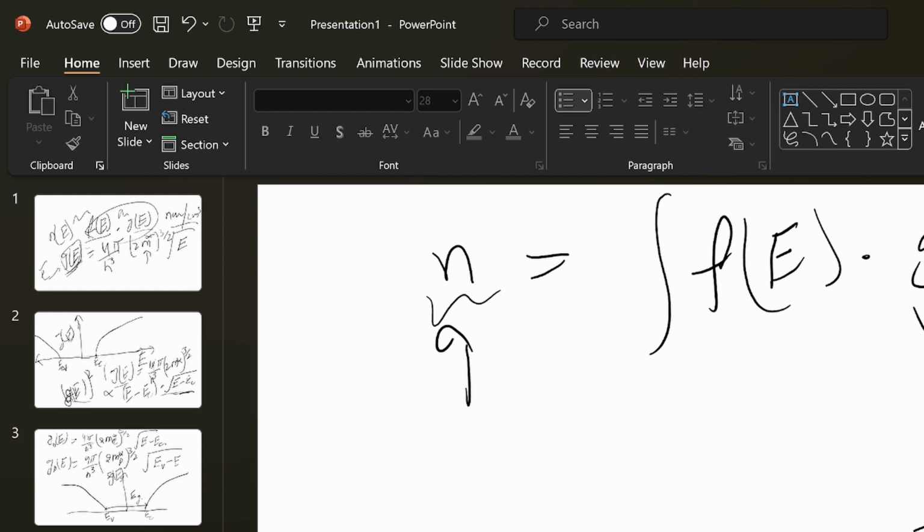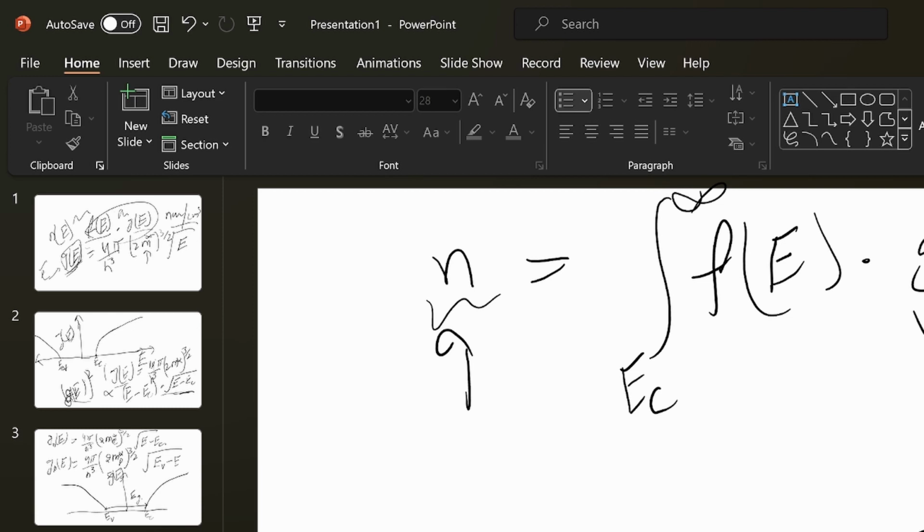We integrate from Ec to infinity, because any electron can have energy above this. This is the conduction band, this is the valence band.